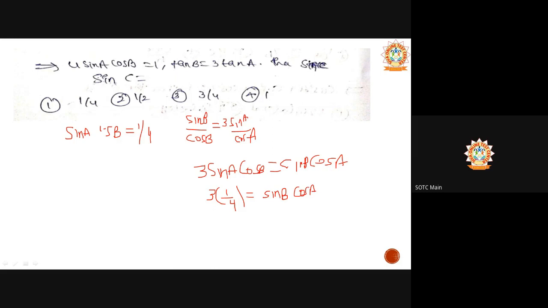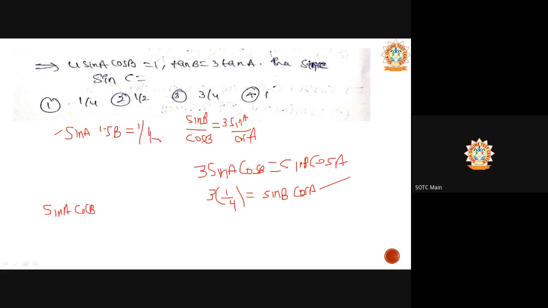So now what can you do? Here you have sin b cos a and here sin a cos b, right? If you add these two, what will become? sin a cos b plus cos a sin b. These are now two different equations.